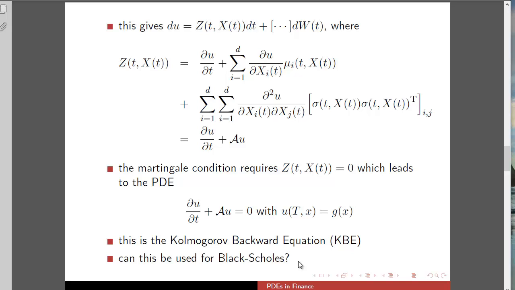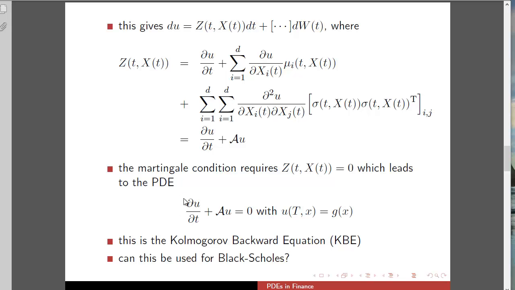Okay, that's a special case. So we need something else. We know that we are quite close. We can somehow get the PDE for the general conditional expectation, but we need something slightly more flexible, that can incorporate some extra terms that appear in the conditional expectation.